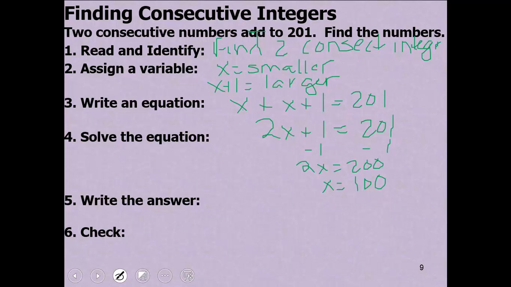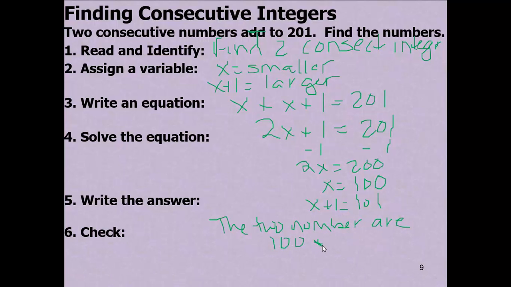If x equals 100, what's the other variable? x plus 1 has to equal 101. So the two numbers are 100 and 101. Now check it.